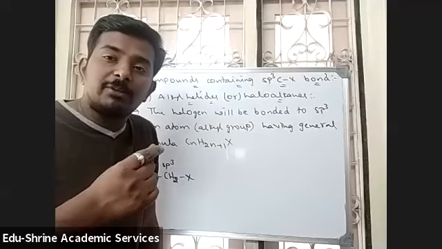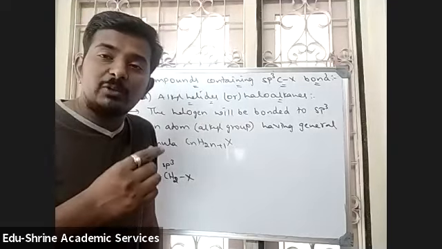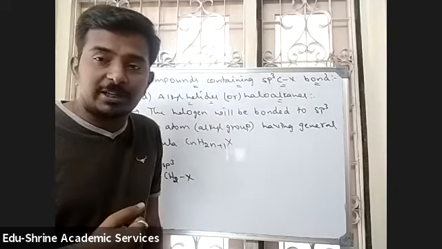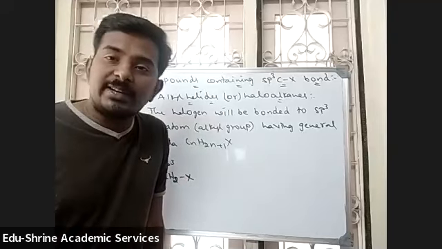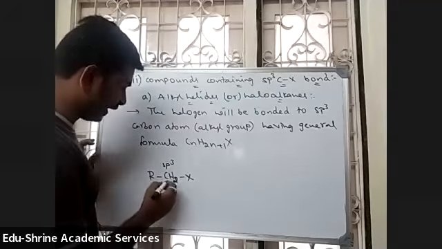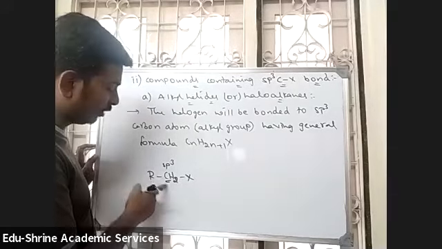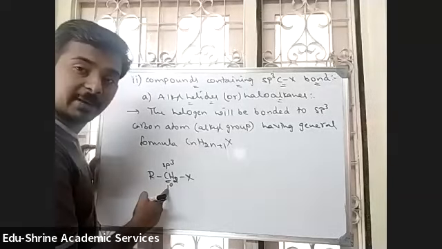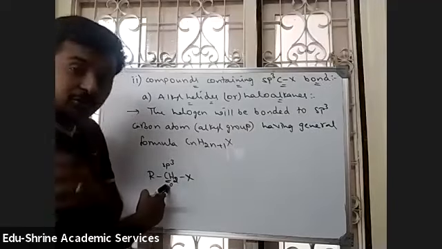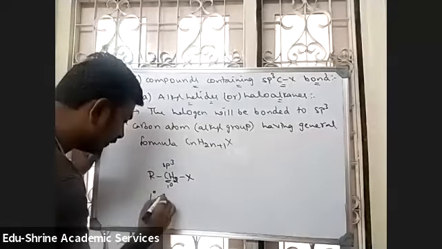If bonded to two other carbon atoms, it is secondary. If bonded to three, tertiary. If bonded to four, quaternary. This carbon is bonded to only one other carbon, so it is a primary carbon atom. As the halogen is attached to a primary carbon, this type of alkyl halide is called a primary alkyl halide.